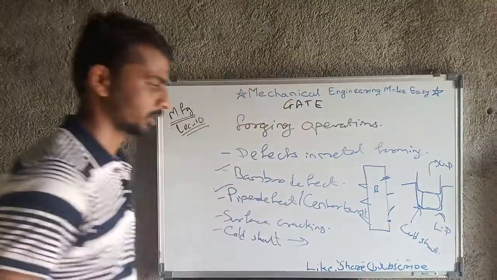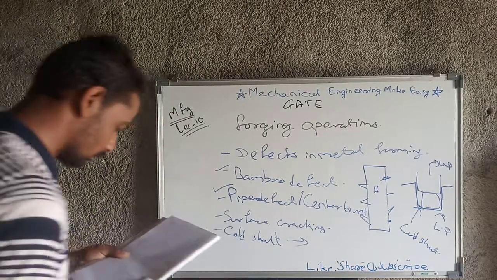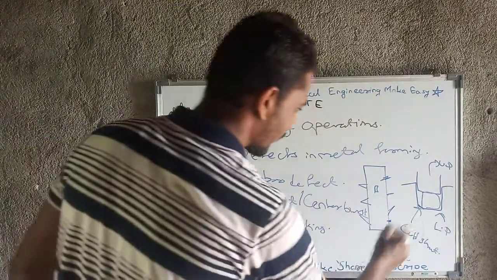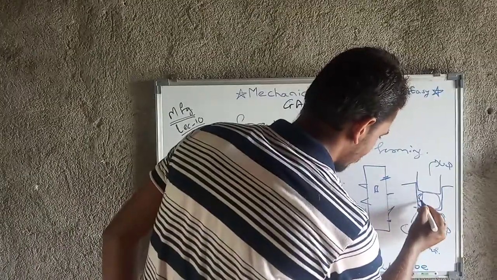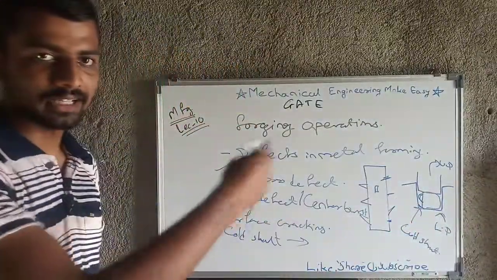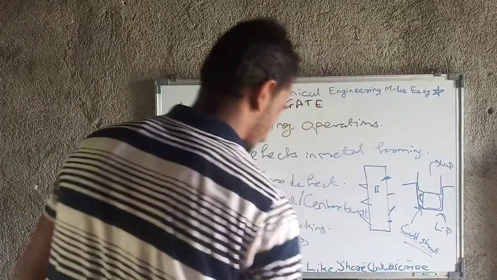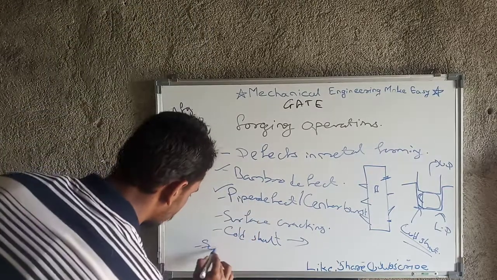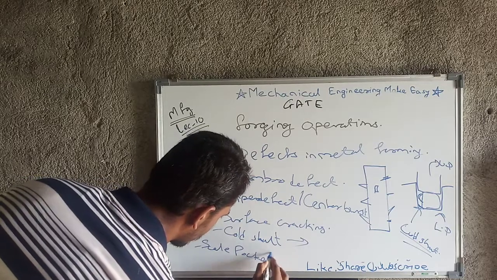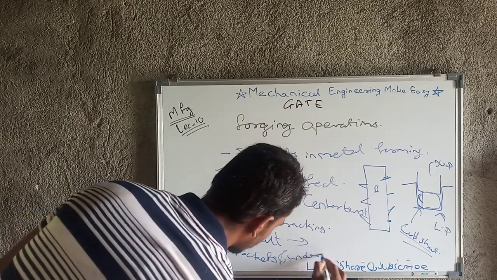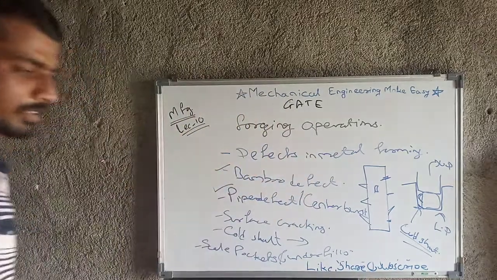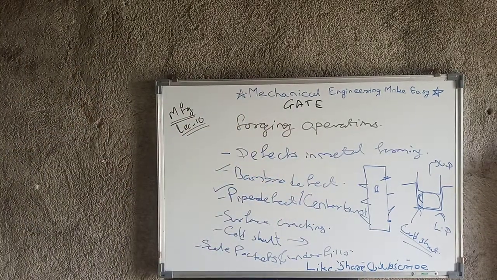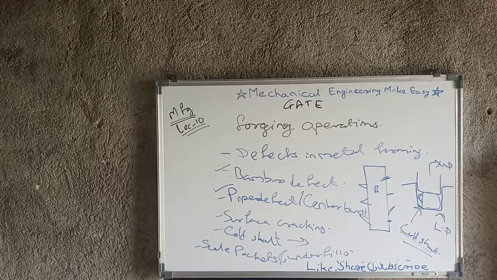Or folding can take place, where the material folds. That kind of defect is also cold shut. Then scale pockets and underfills. These are some defects that may occur in metal forming, so we have to take care of these defects.